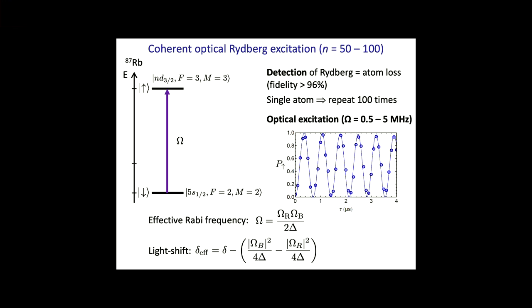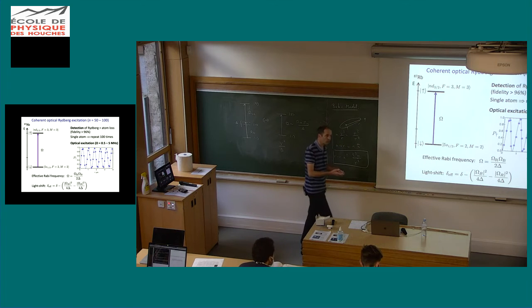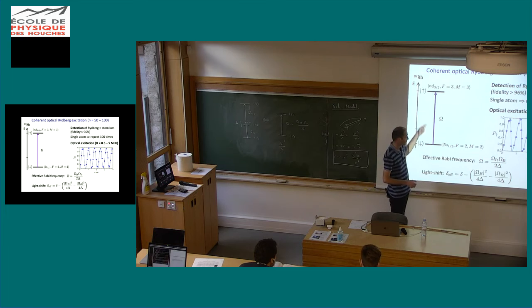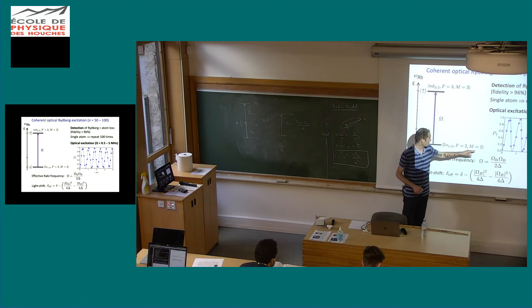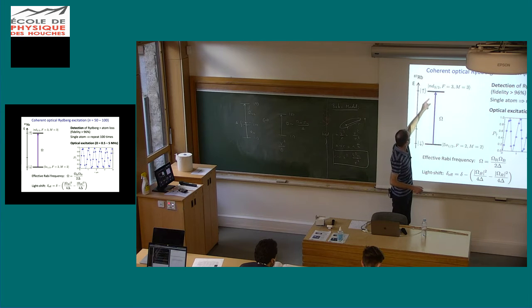So now, of course, if you do an excitation of this system, you can drive a Rabi oscillation. Essentially, it's a coherent excitation. You prepare the atoms in a very well-chosen initial state. You apply the laser, targeted to a well-chosen Rydberg state, so that indeed it reduces to a two-level system.